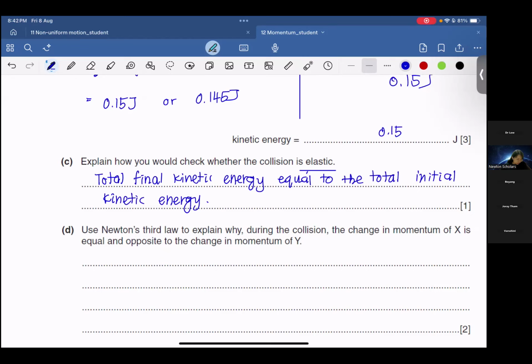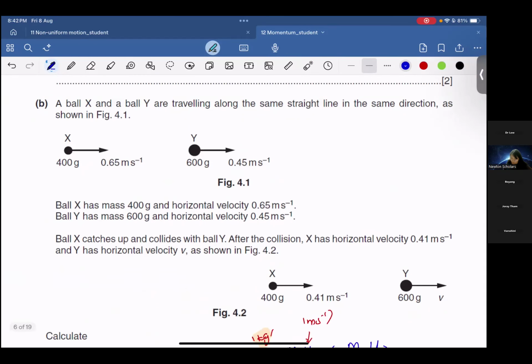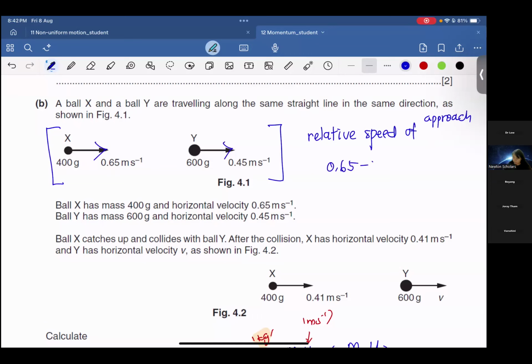Okay, let me check 0.61 minus 0.2. If I go to the front page here, this is approach. What is their relative speed of approach? This one is the same direction, so I use 0.65 minus 0.45, so it should be 0.2 meter per second.